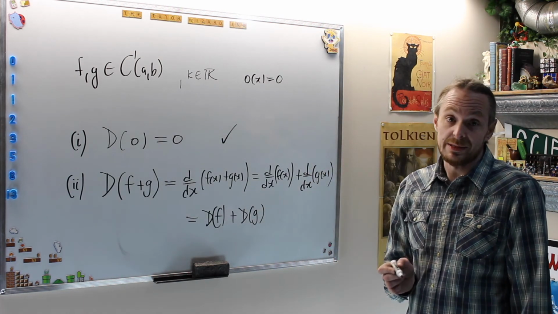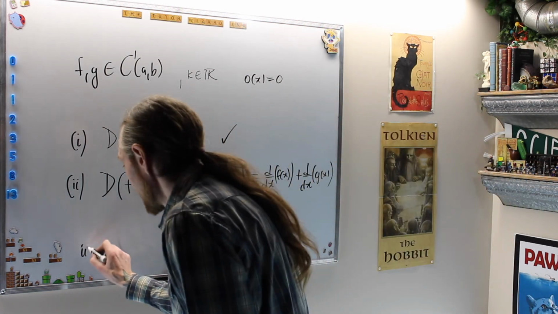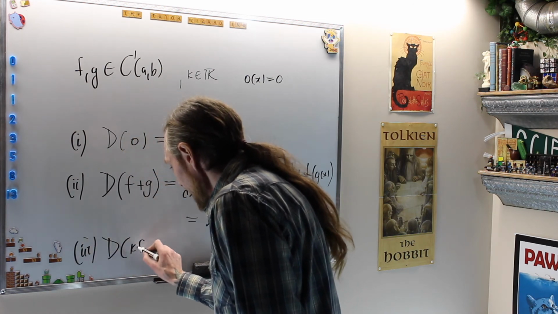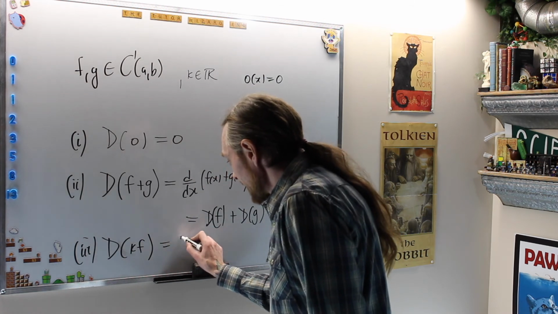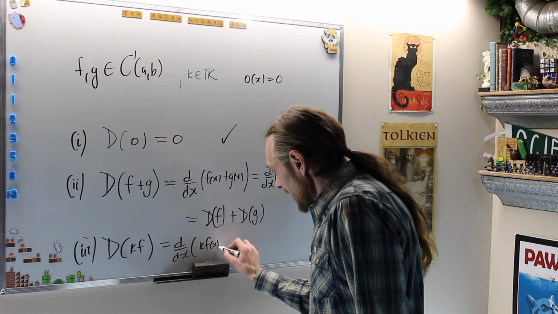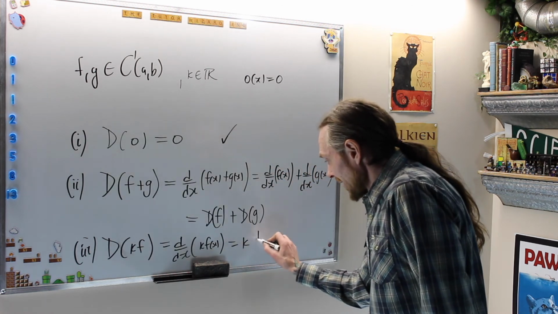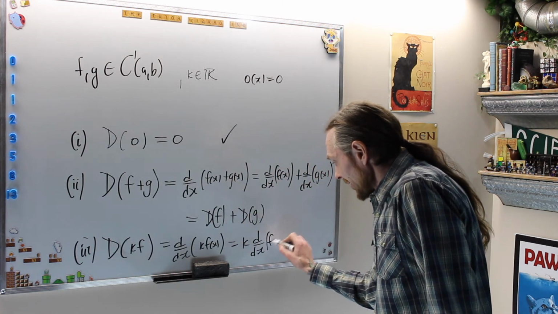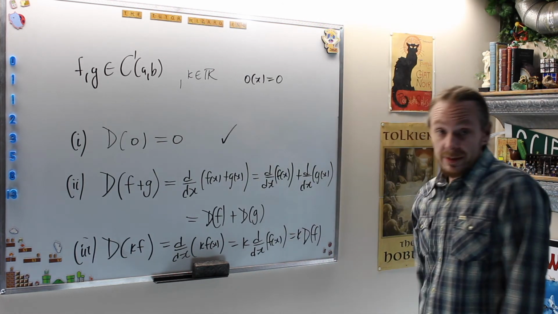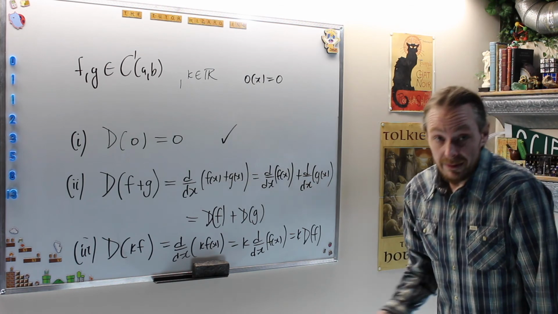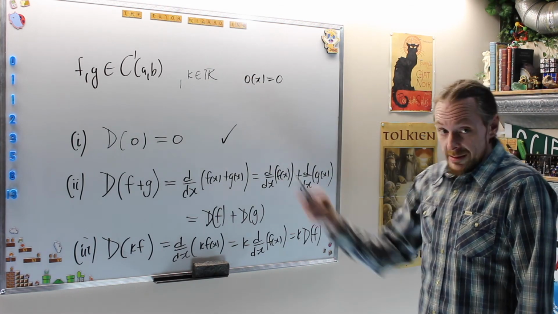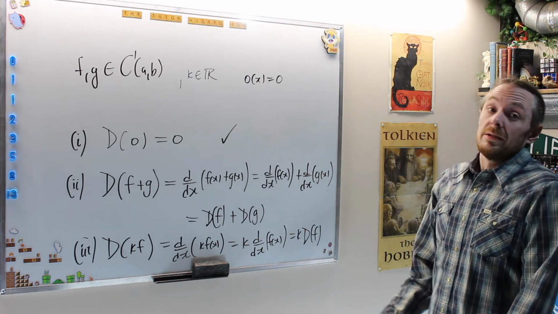So it splits sums, definitely. And third, if I have the derivative of k times a function f, this is the derivative with respect to x of k times my function f of x, which is k times the derivative with respect to x of my function f of x, which is k d of f. So it spits out scalars. So the derivative operator from C1(a,b) to C0(a,b) is a linear transformation.